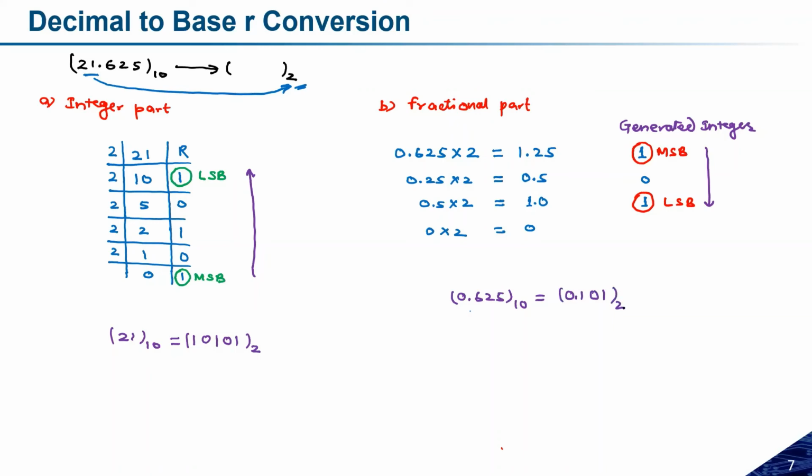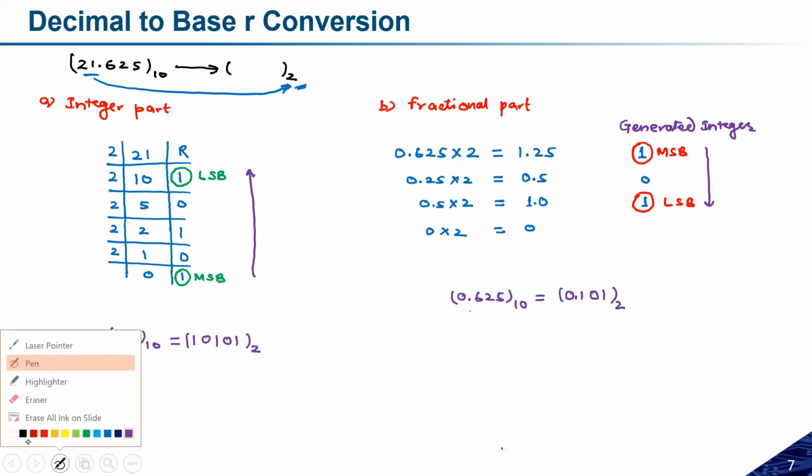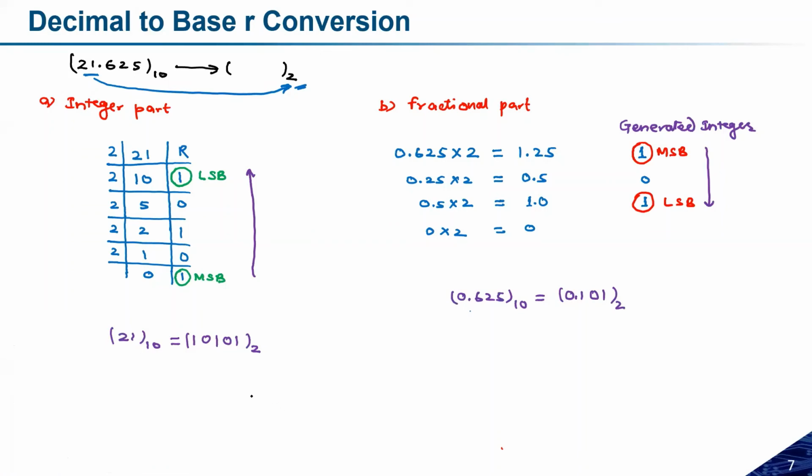And if we combine both numbers, suppose I have the number 21.625 in base 10, then this will become 10101.101 in the binary number system.